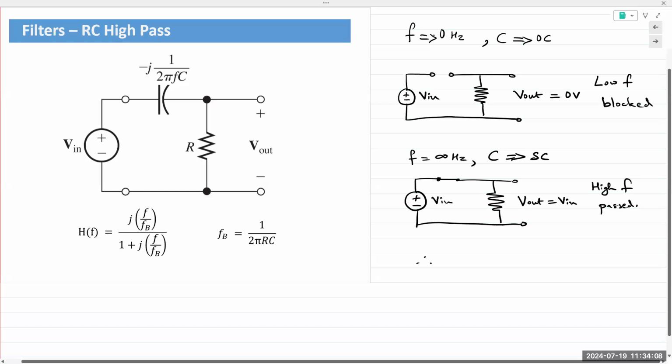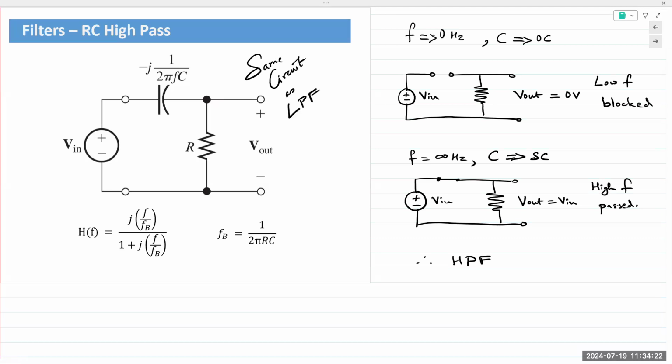And therefore, this works as a high pass filter. This is the same circuit, the same circuit as the low pass filter. There's no difference whatsoever. You're simply changing the output terminals. That is it. We are not changing anything else about the circuit. It's exactly the same circuit.